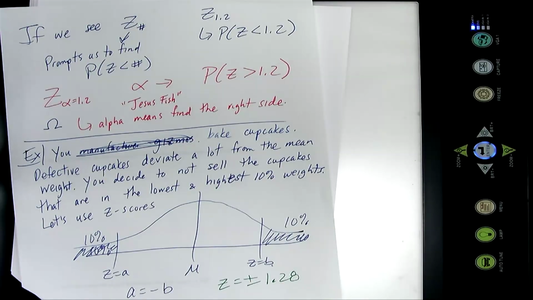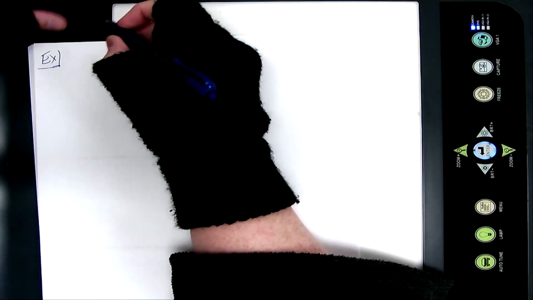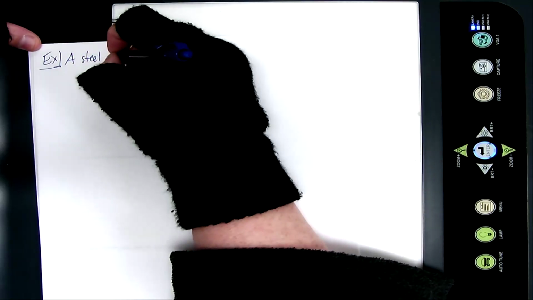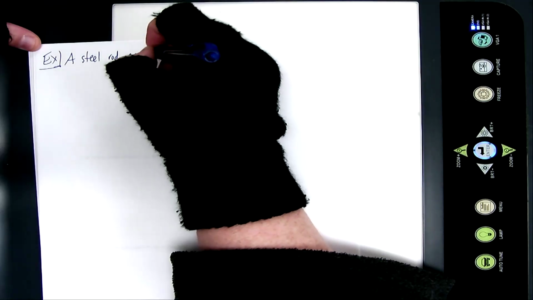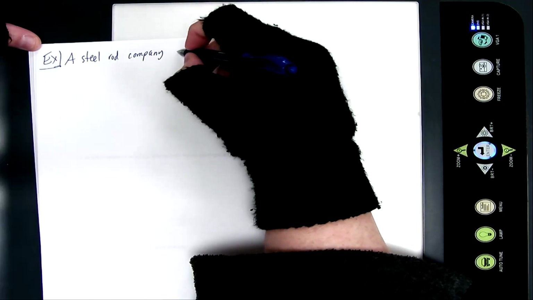So we showed percentiles, we showed, I said gizmos to start with, but we did cupcakes. Let's write out a couple that you might see and then go do them all at once in the computer. How about that? Knock out 2 problems at once. So the first problem we're gonna look at, I'm sure is related to one in the homework, I've seen these before. A steel rod company produces, obviously, guess what they produce?